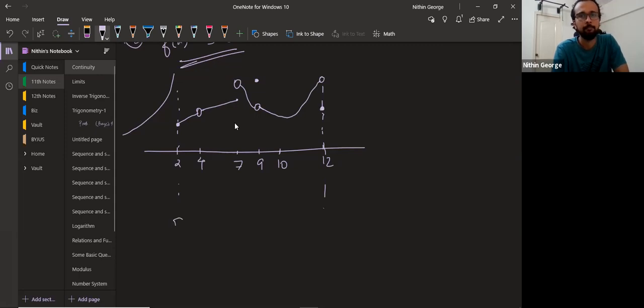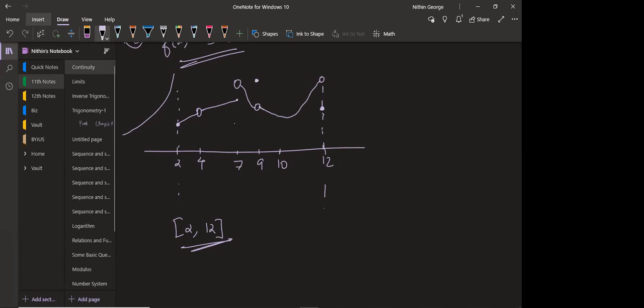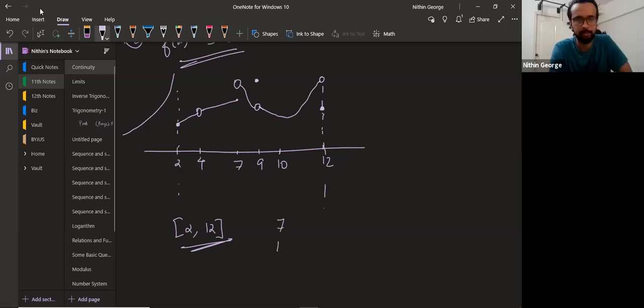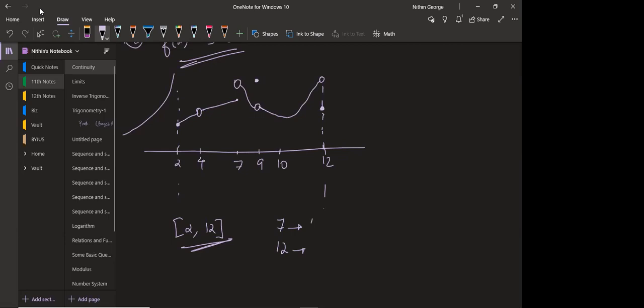Between 2 and 12, at how many points is this graph discontinuous? 2 points. What are the 2 points? 7 and 12. At 7, it's discontinuous. At 12, it's discontinuous. Why is it discontinuous at 12? Because there's another point below it.